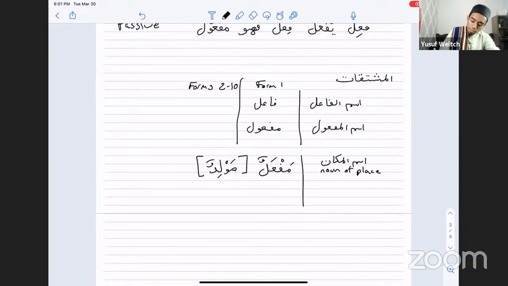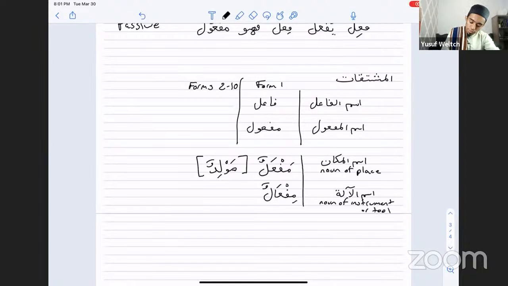We haven't talked yet about the ism al-ala. Ism al-ala is mif'alun for the most part, and it represents the tool by which something is done. So this is the noun of instrument or tool.